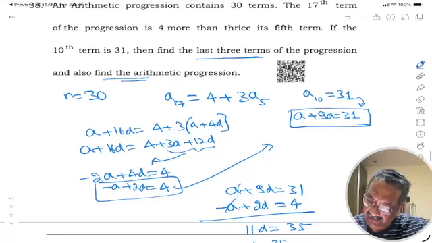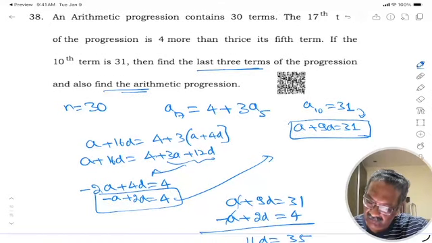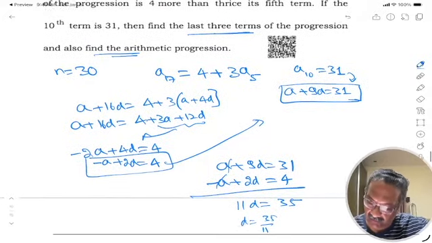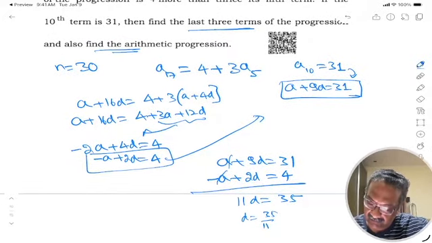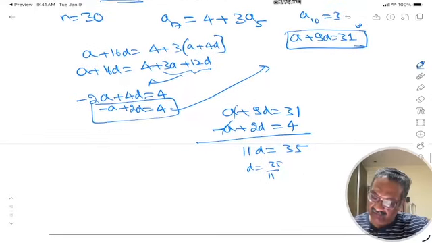Similarly, A10 is A plus 9D, so A plus 9D is 31. So if you add this, it will become 11D is equal to 35, D is 35 by 11.